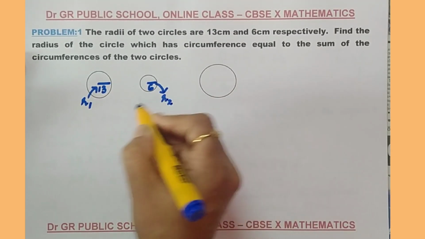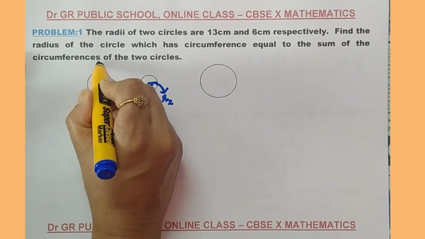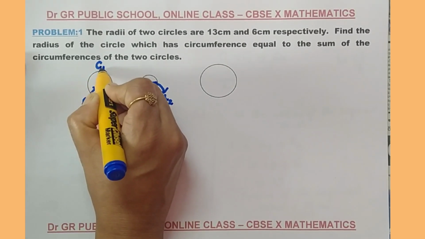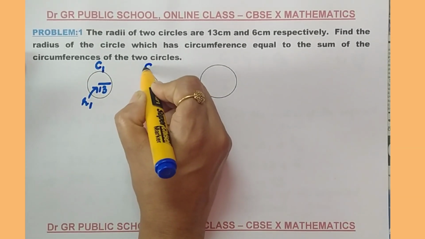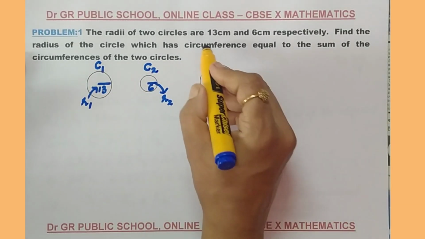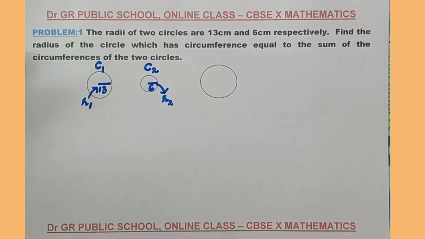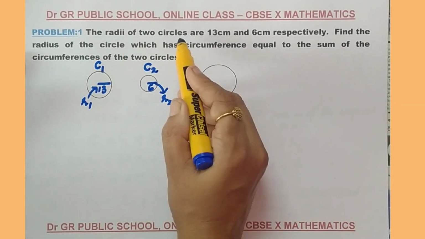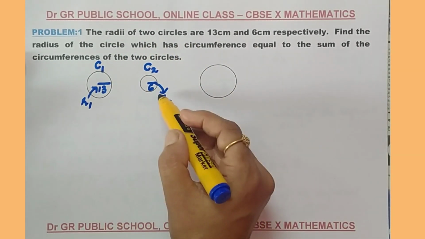In the same way, let C1 be the circumference of the first circle and C2 be the circumference of the second circle. Why? The question is based on the circumference. The radii of two circles are 13 and 6.